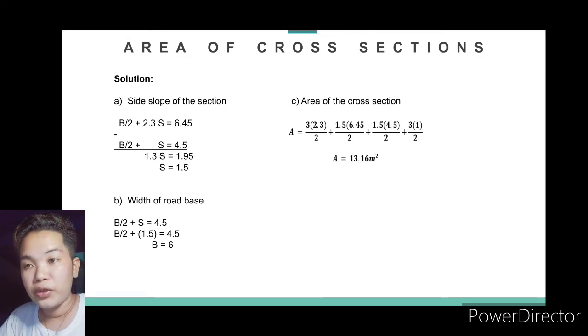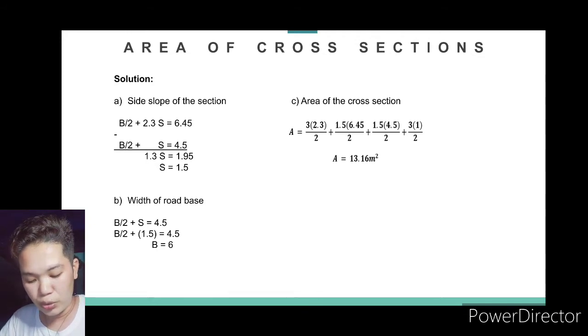So to solve for the area of the cross section, we use Cavalieri's theorem, since the sections are not perfect triangles. So we multiply 1/2 by the base and the height. For section 1, the base is 3 and the height is 2.3.